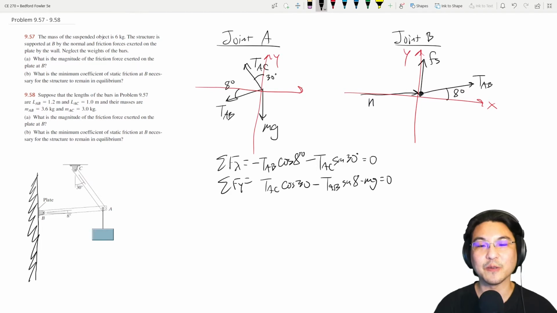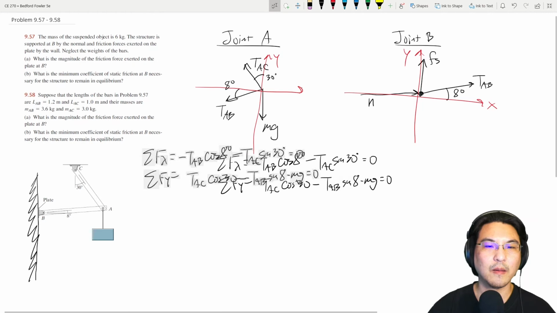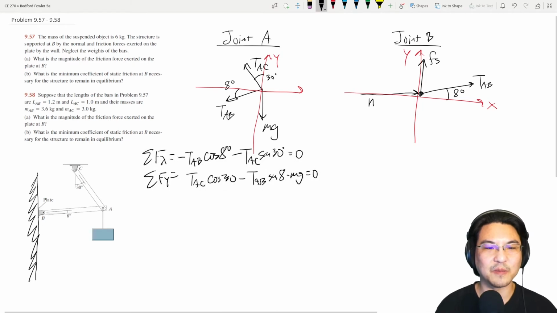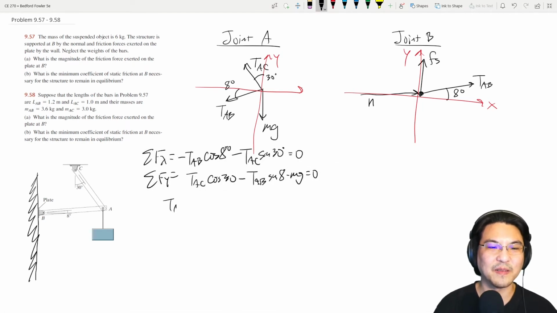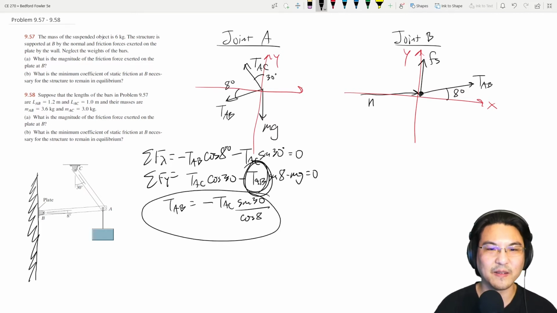So 2 equations, 2 unknowns, so you can solve. For example, just pick one or the other. Let's say TAB is minus TAC sine 30 over cosine 8. Take that and plug it in right here.